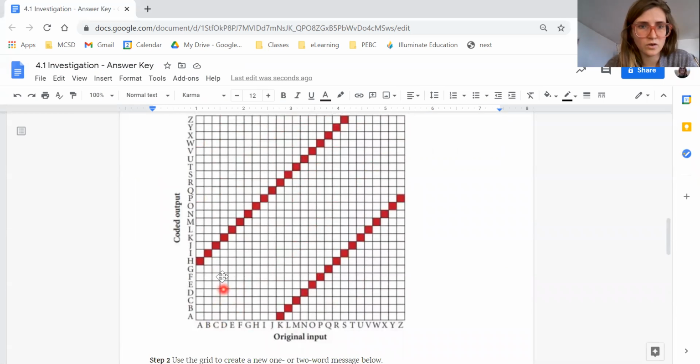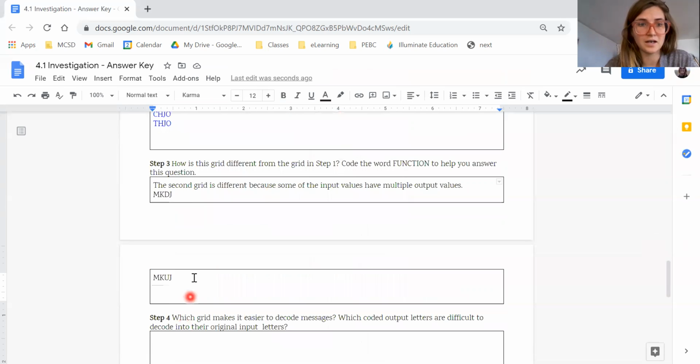C codes to J, and T also codes to J. So this is not working out so well.